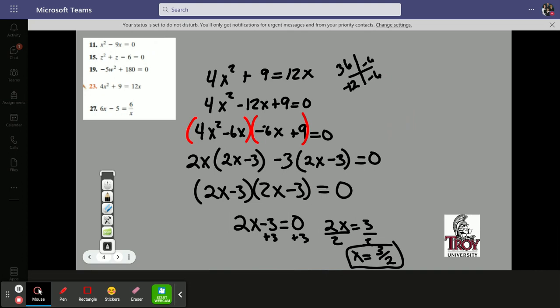What does that look like? It's not crossing my x-axis 2 times. What do you suppose it's going to do? So it's just going to, at 3/2, my parabola is just going to touch. And then go back.